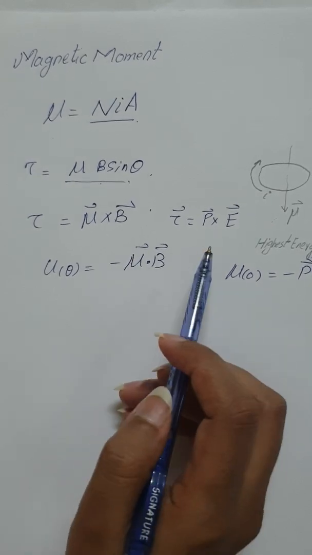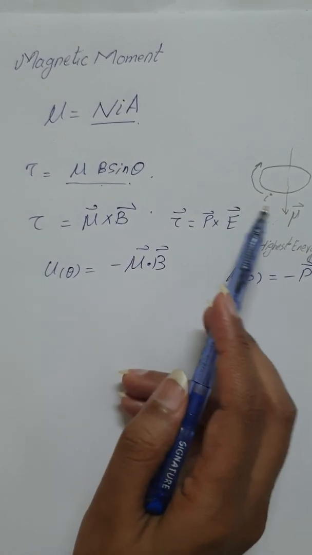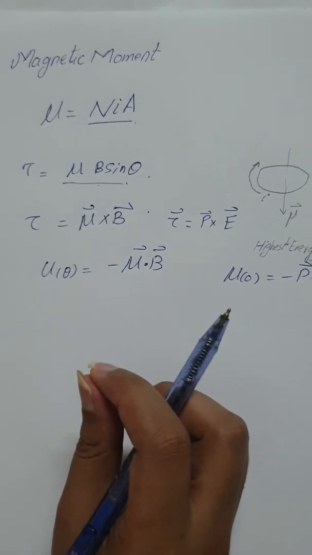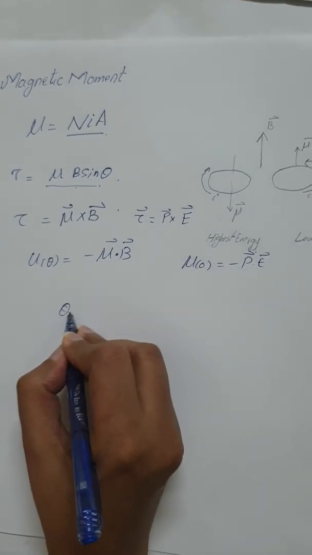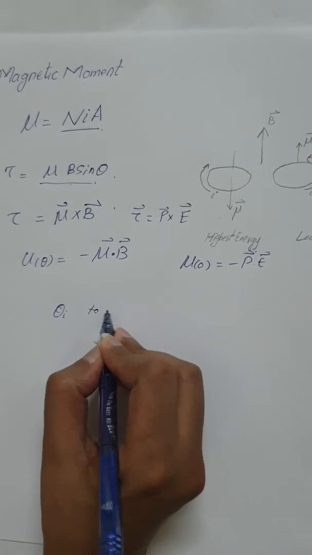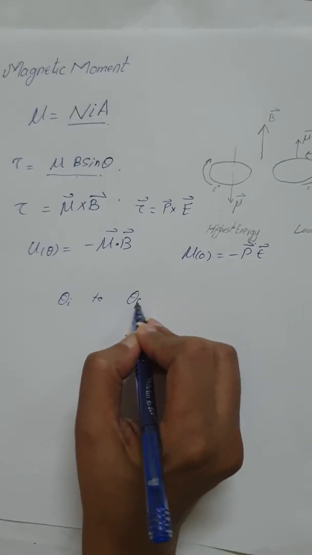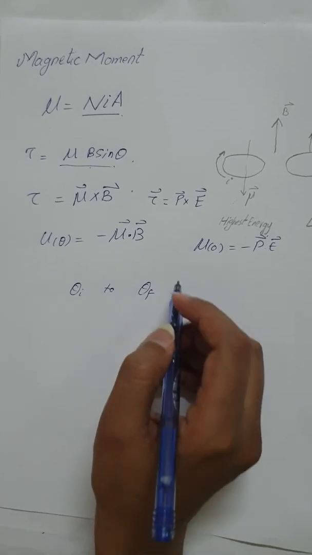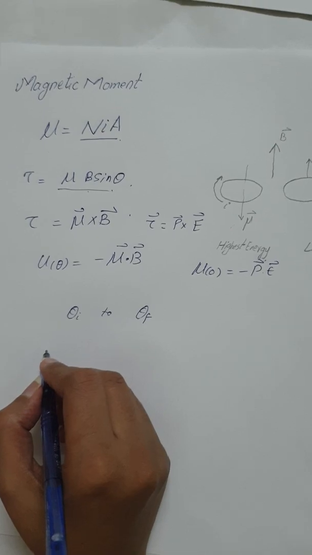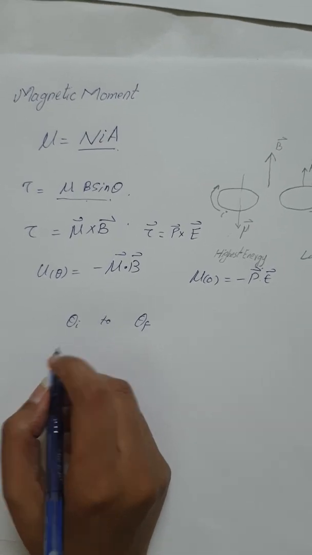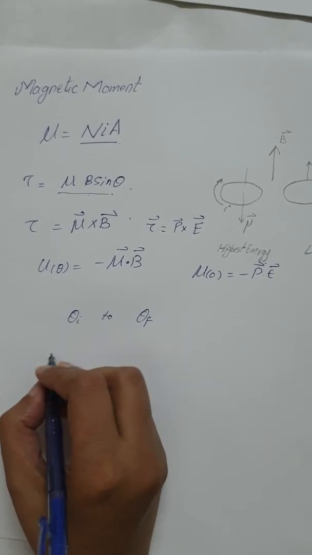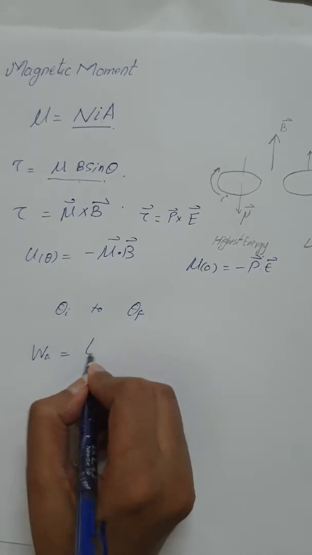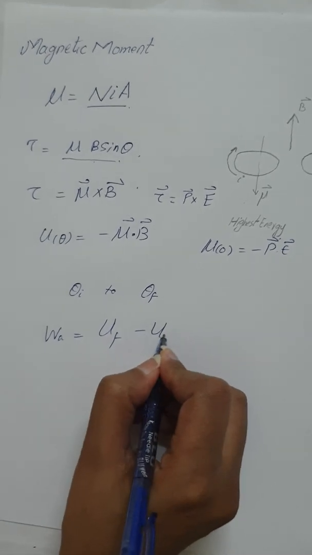Okay, if an applied force due to some external agent rotates a magnetic dipole from an initial orientation theta i to another orientation theta f, then the work done on the dipole by that applied force, or by the applied torque, is given by U f minus U i.